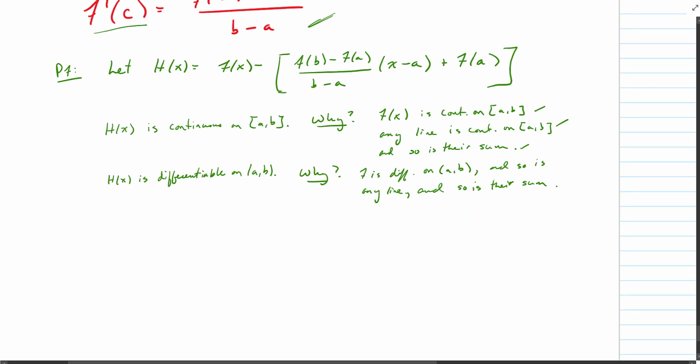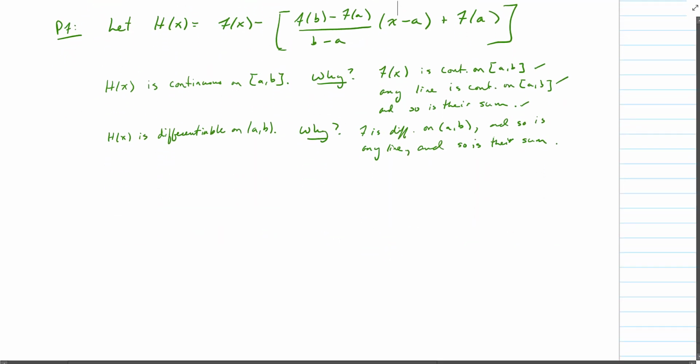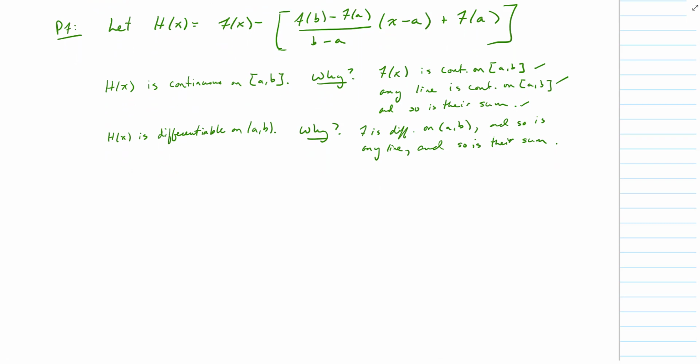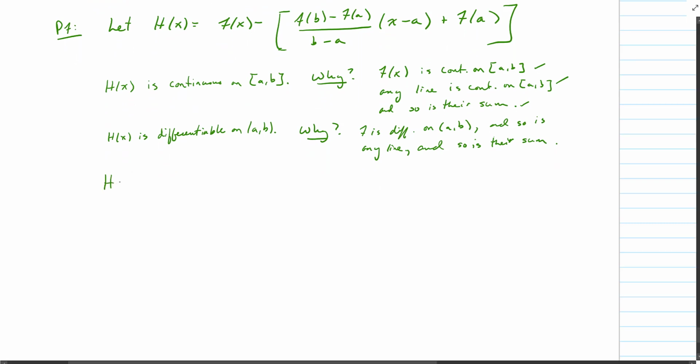So now let's do some exploring with h of x. We saw this before, but I want to reiterate it. If you're curious about why this is so, go back and watch the video. It gives a good physical interpretation. But let's see what h of a is.